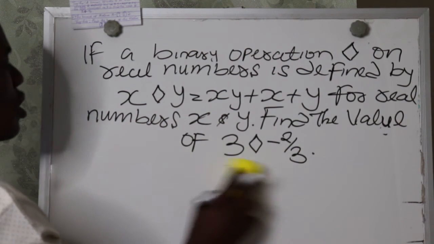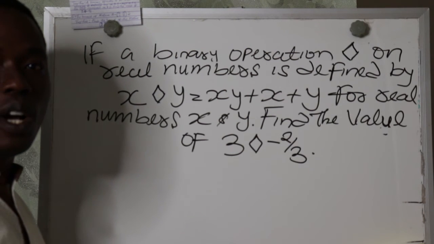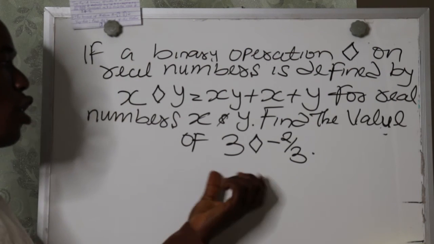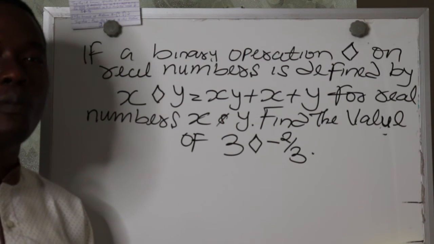Now this is the question you are given and that is what you're asked to look for. So I want you to take your time, go through this question, get the solution and make sure you drop the solution in the comment section.